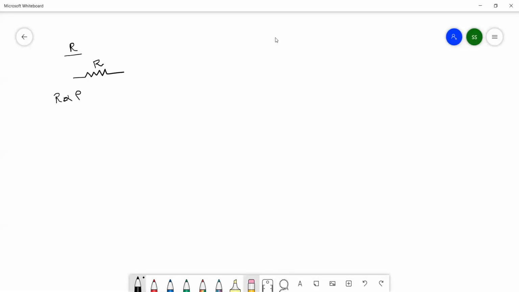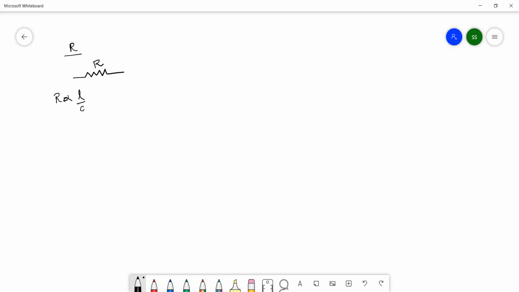Sorry, not rho. R is directly proportional to L. The resistance of the conductor is directly proportional to the length of the conductor, and inversely proportional to the area of cross section.